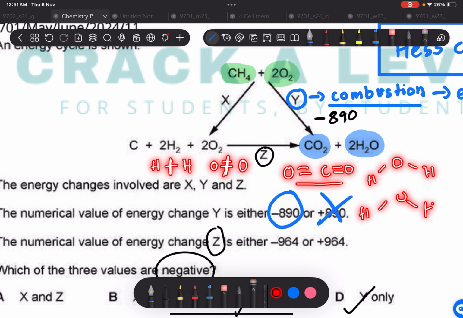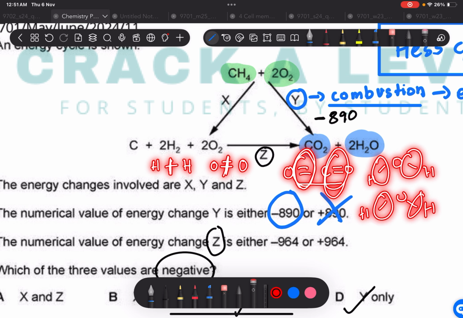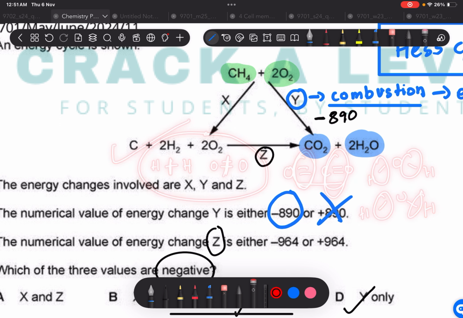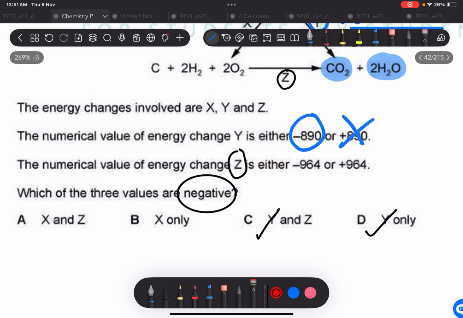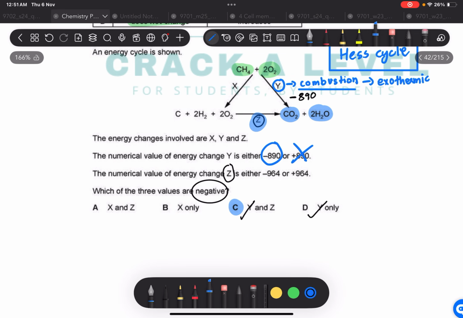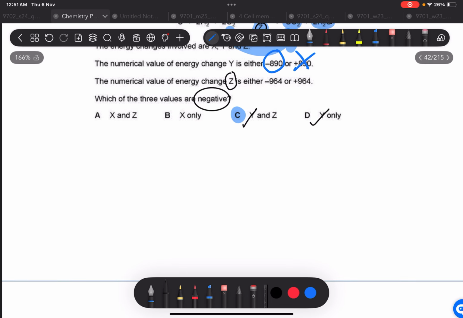Don't you think after combining the energy of this bond, this bond, this bond, this bond, obviously it's going to overpower the energy you use to break them? So definitely Z is also going to be negative. So it's going to be option C, because bonds are formed here and this is an exothermic reaction. So we are done with this question as well.